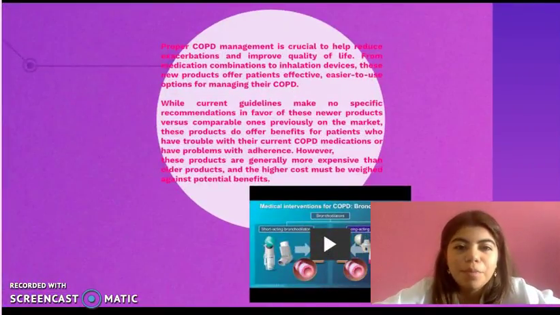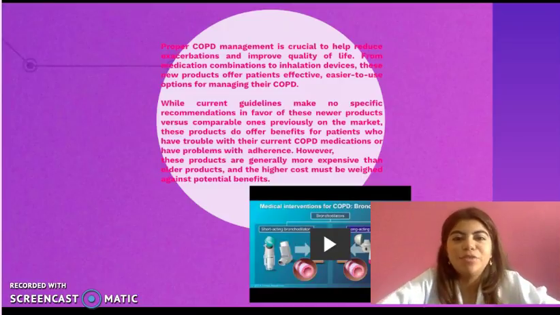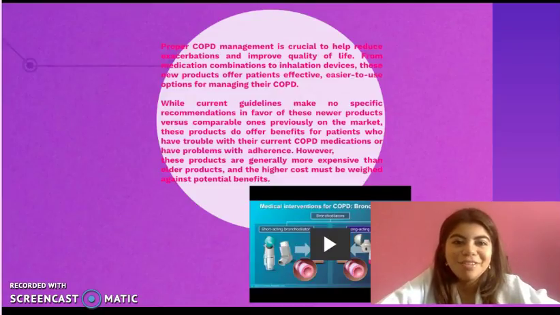Conclusion. Proper COPD management is crucial to help reduce exacerbations and improve quality of life. From medication combinations to inhalation devices, there are new products that offer patients effective, easier-to-use options for managing their COPD.